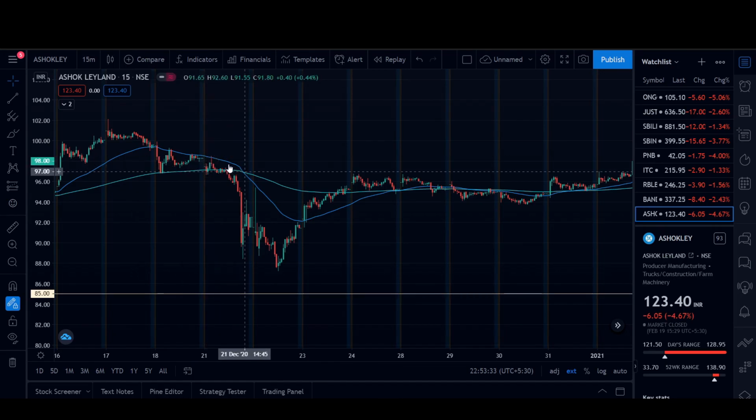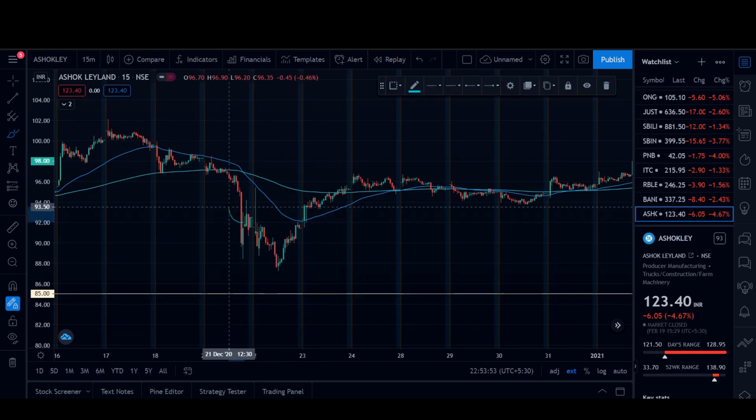When the smaller EMA cuts the larger 200 EMA from above, it creates a short signal, a signal to short the stock. The signal was generated somewhere in this region, and we could have gone for a target price of, let's say, this.